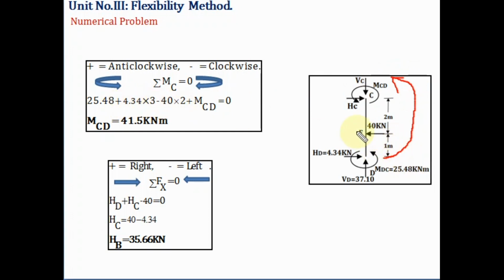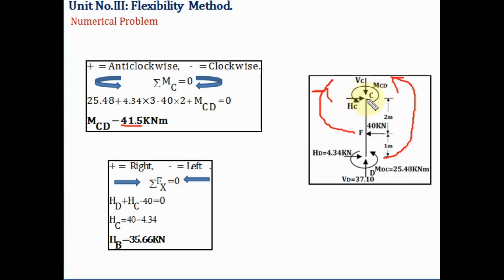Then the 40 is acting in the clockwise direction, so minus 40 into 2, plus MCD, which is acting in the anti-clockwise direction, so plus. After solving this, we get the value of MCD as 41.5.